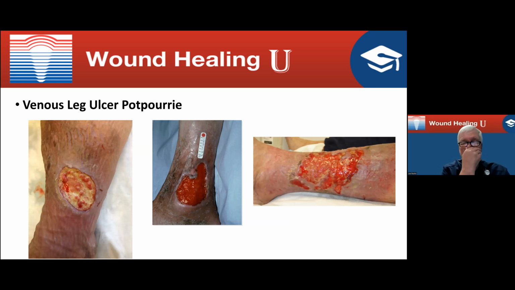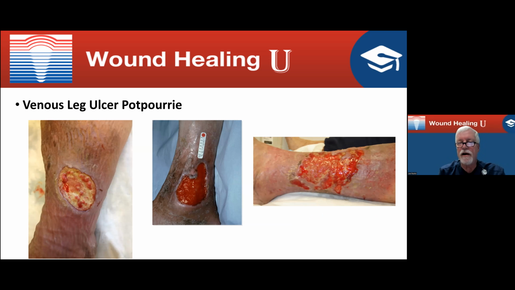So just coming up the next few slides now, a potpourri of various presentations of venous leg ulcers. Venous leg ulcers tend to have irregularly shaped borders, but nonetheless well-defined borders.